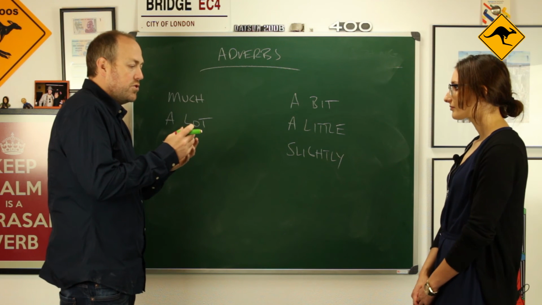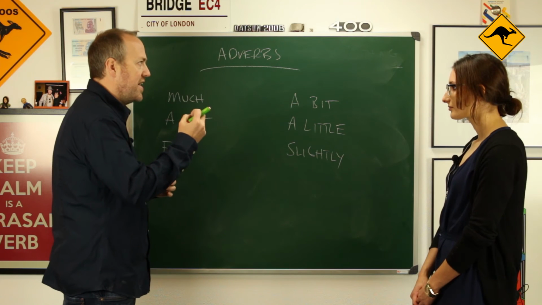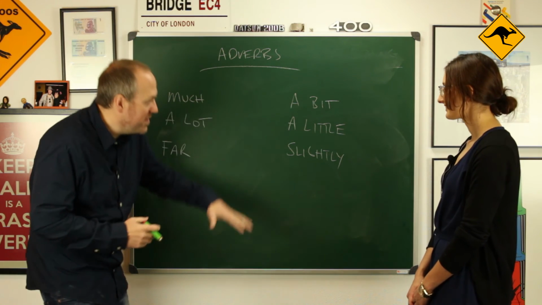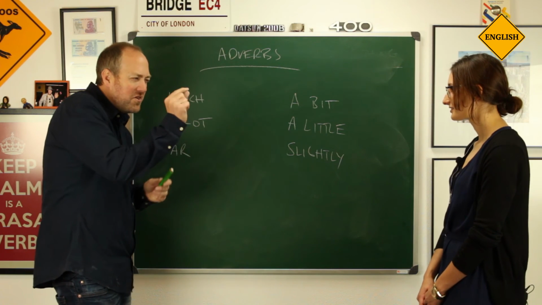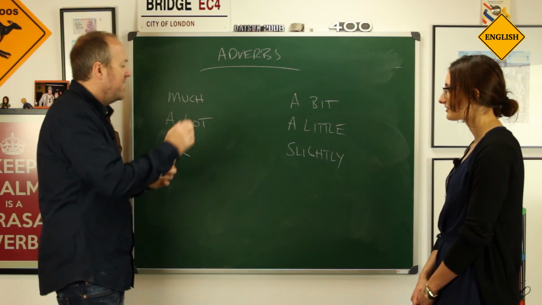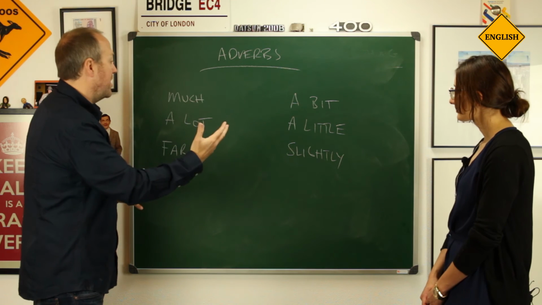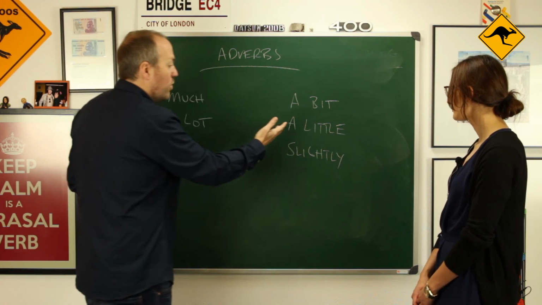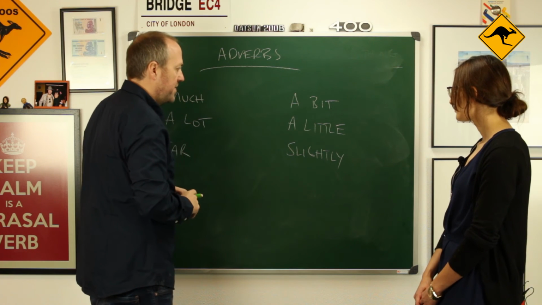Maybe sometimes you want to increase the power of your comparison, or maybe you want to reduce the comparison to just a little bit. Okay. So here we are increasing the comparison by using much, a lot, or far, and here we are reducing the comparison. Okay.